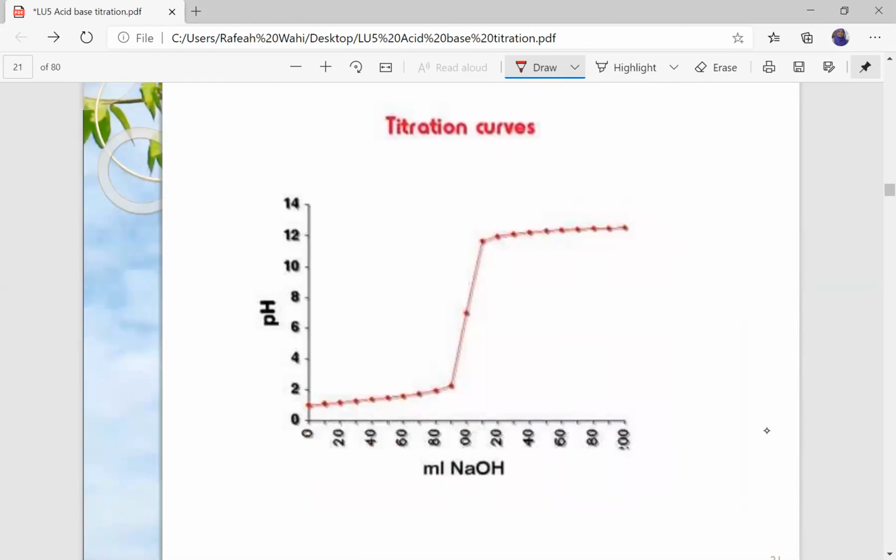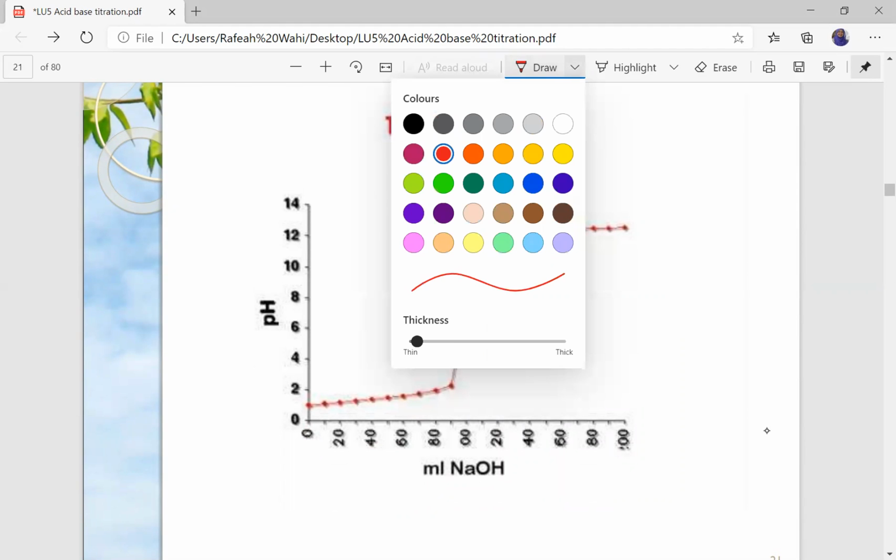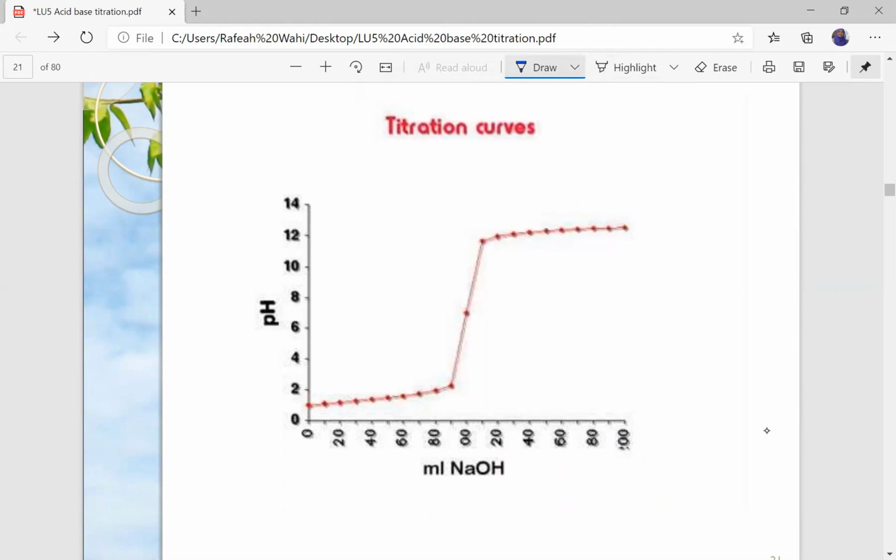So this is how the full titration curve looks like. If you look at the curve before the equivalence point, from 0 to 90 milliliters of NaOH added, there is not much change in the pH, although it keeps on increasing because you keep on adding titrant into the analyte.